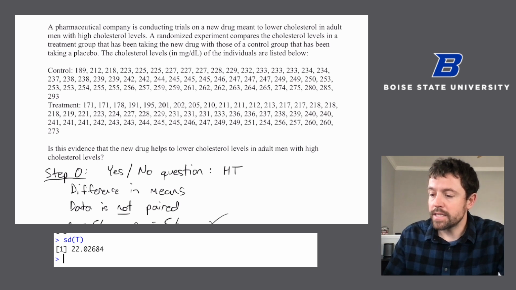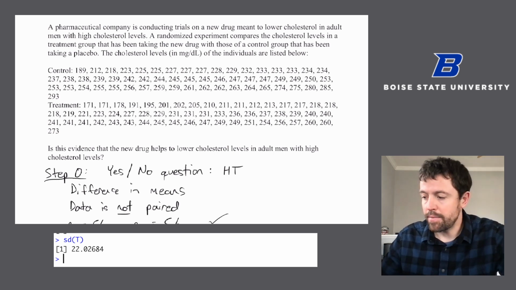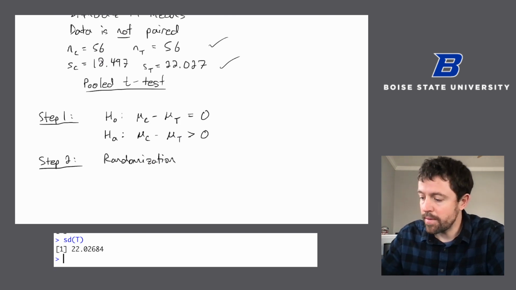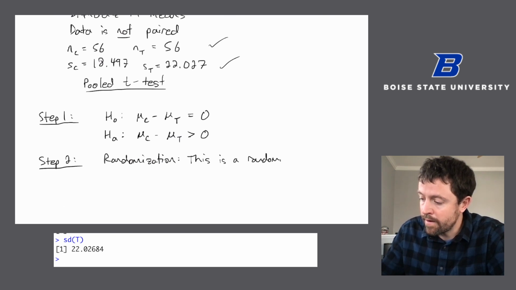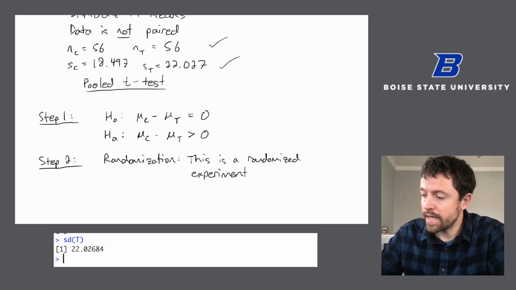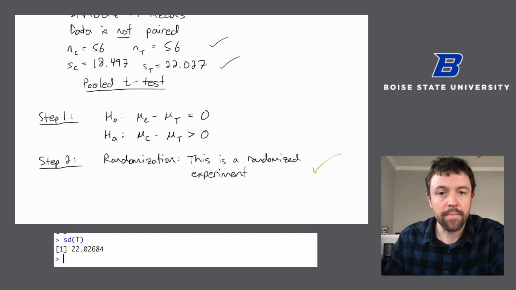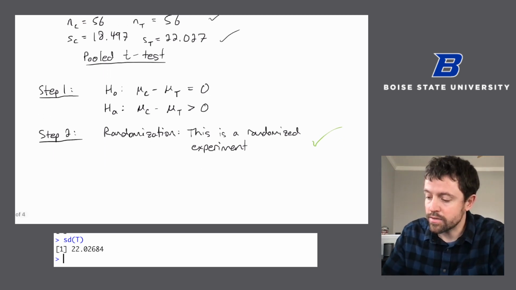But a randomized experiment would mean that they randomly assigned people to the two groups, treatment or control. So this is a randomized experiment. So this condition is satisfied. And you should always indicate whether conditions are satisfied. You could write that it's satisfied. I'm just going to put a check mark that saves some time.